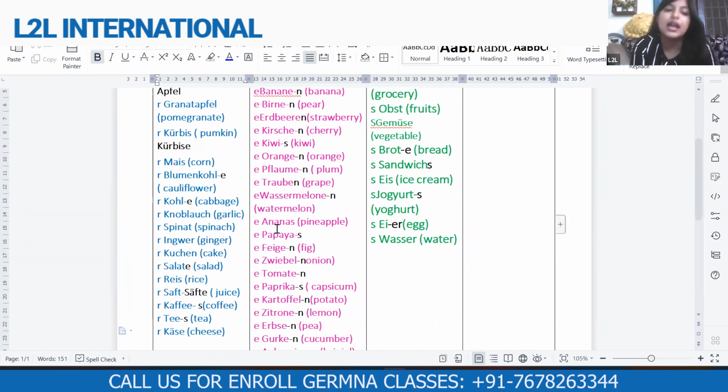And it changes to die Salate. Then for rice, we have the word Reis. It's similar in pronunciation to English. And we don't have a plural for rice. It doesn't change.